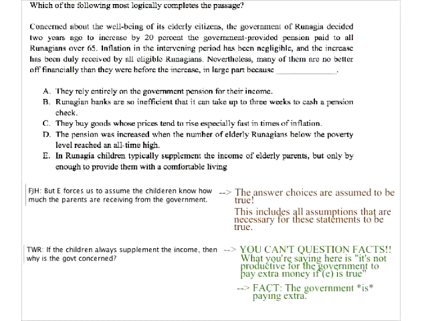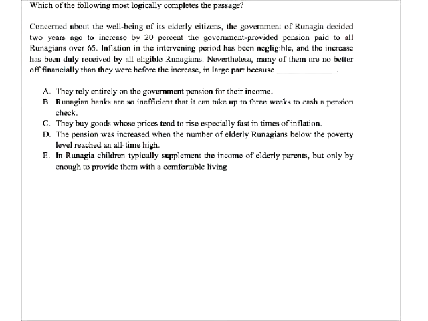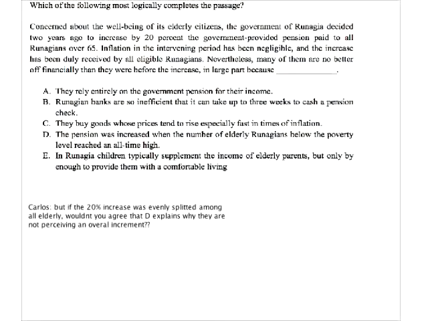Okay. Last question we'll address before we move on to another one is the question here from Carlos, which says the following. If the 20% increase was evenly split among all elderly, would you agree that it explains why they are not perceiving an increment? This is not the right idea because it doesn't matter where they start from.